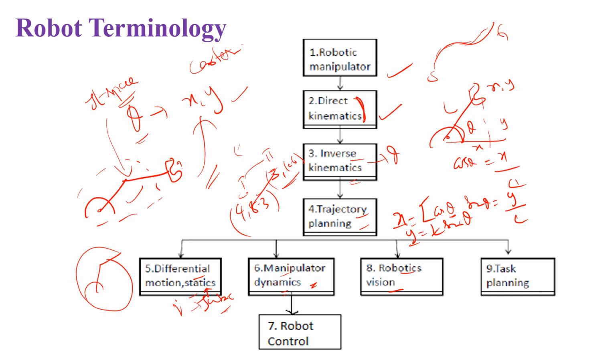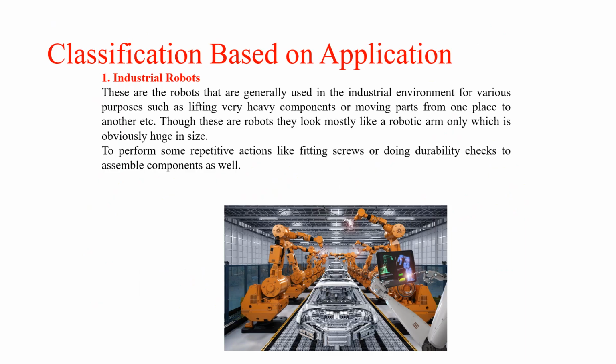From that location also we can make the robot move from one place to another. Then task planning. Once the task is verified, only then we move for it, so you have to plan the task. Then finally robot control, because you have to control the robot to move on a specified trajectory. So these are the terminologies we use in robotics.